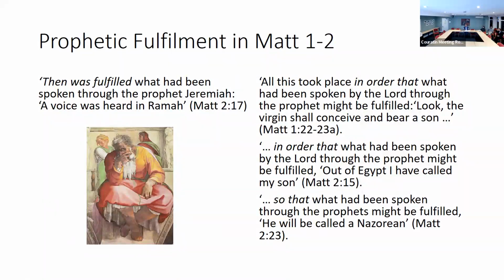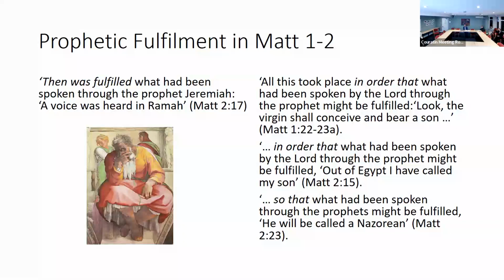He draws back from using a purpose clause. This happened in order that what was spoken might be fulfilled. In 1:22, all this took place in order that what had been spoken by the Lord through the prophet might be fulfilled.